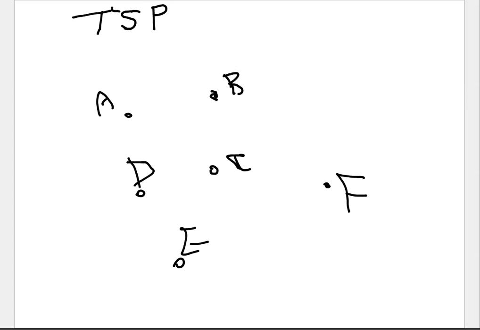What is the best solution? The best solution is the order of these 6 points with minimum distance. So what is the fitness? Can you tell me the fitness of this function?